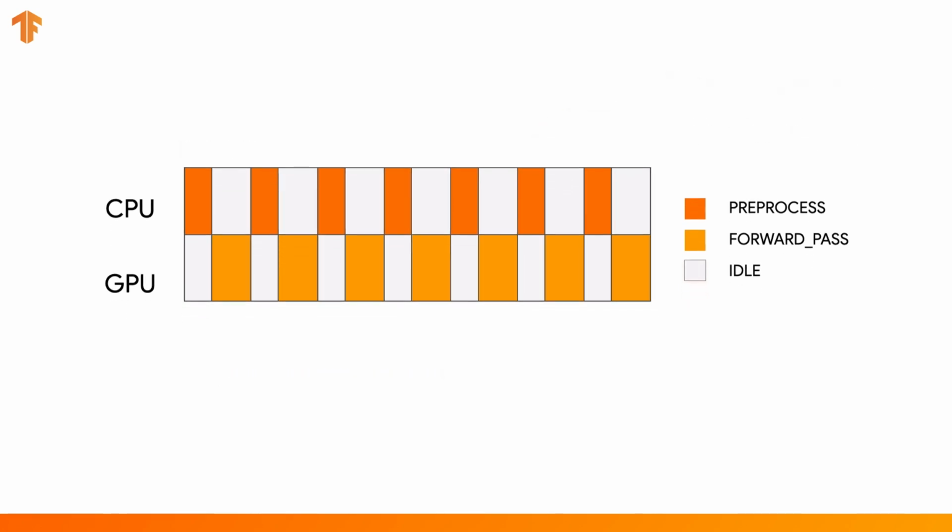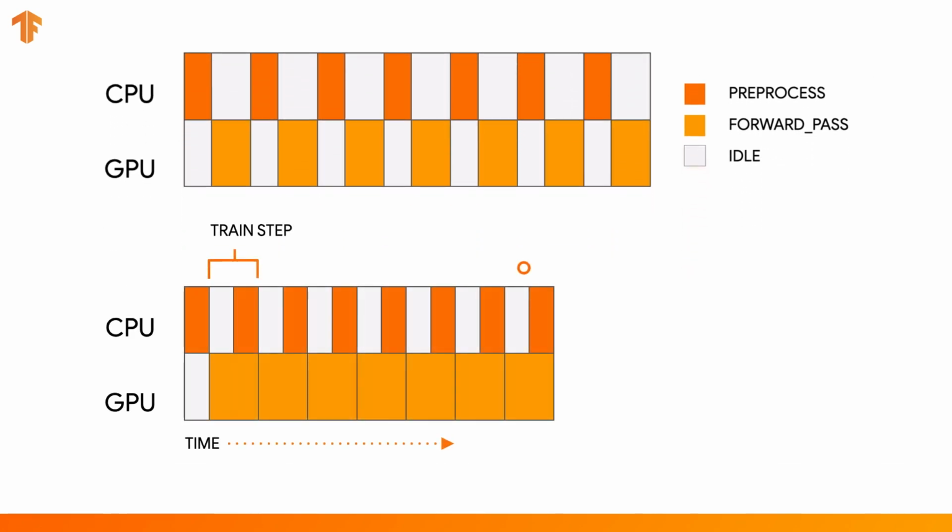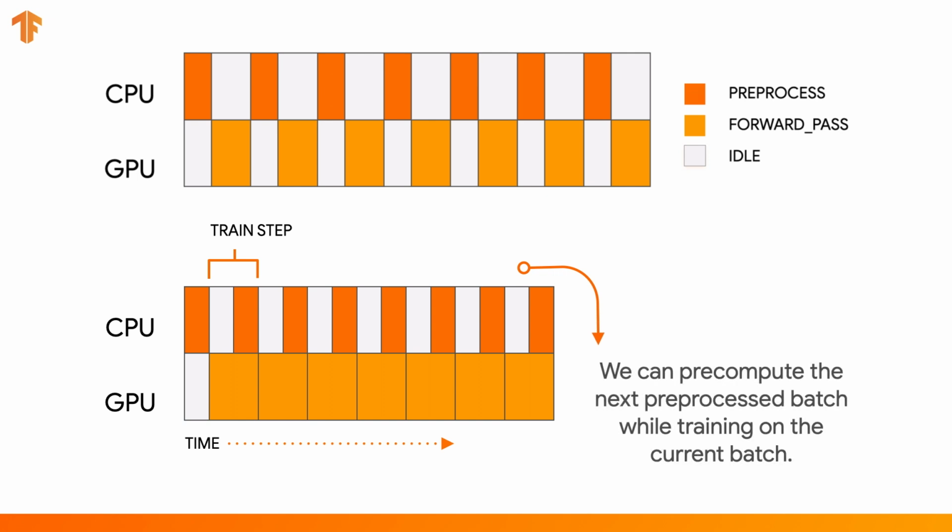What we'd like to be doing is essentially precompute each of our batches so that every time our GPU is crunching on a certain batch, we're already on the CPU calculating our next batch of data. We're preprocessing it, transforming our reviews to these numeric input features. This would be a hard problem to solve if we had to do it all ourselves.